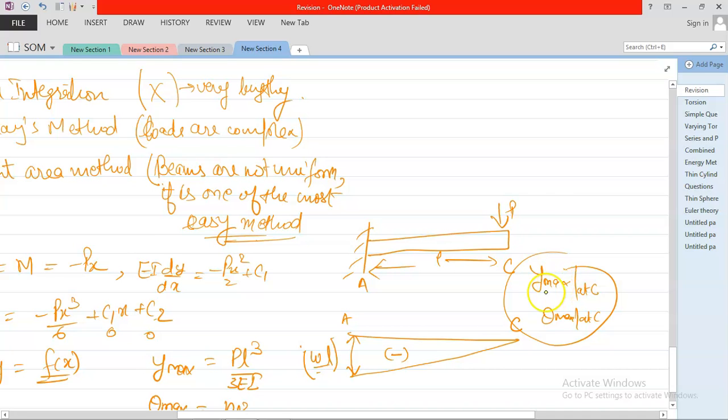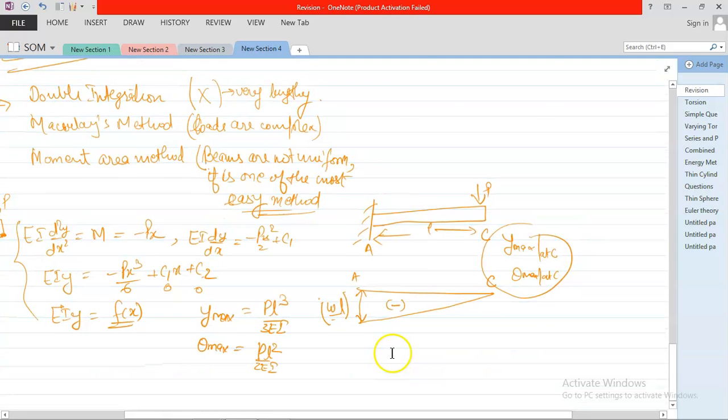What the moment area method says is that you need to take the reference point where theta is 0, so that you can directly get theta c, otherwise the term will come in difference form.